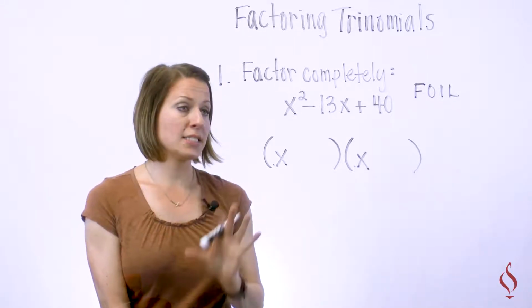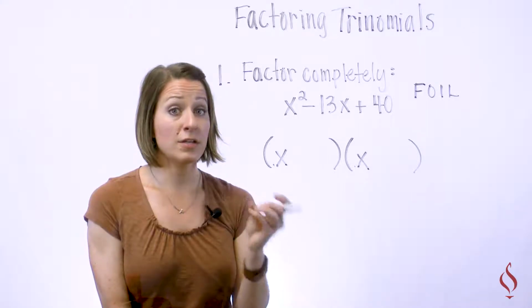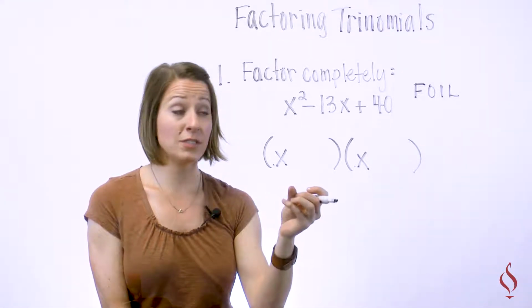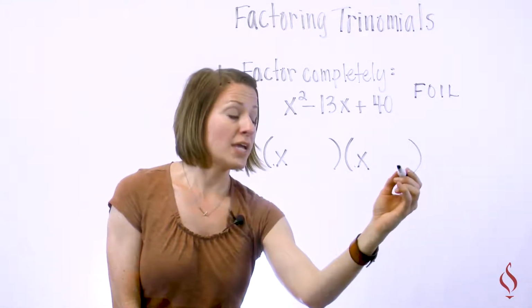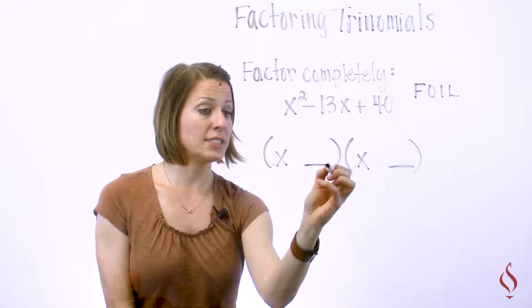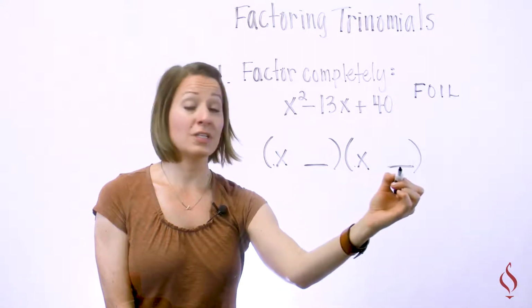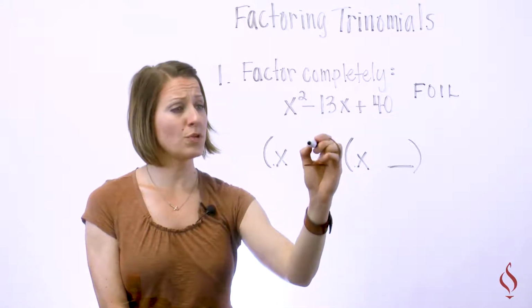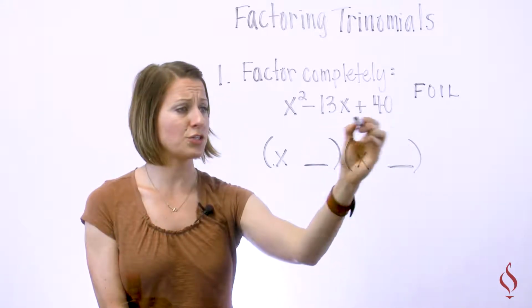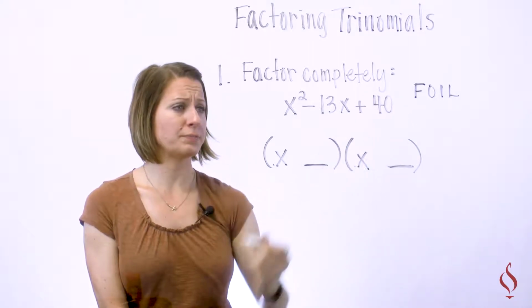Okay, so next, this is the part where you really are going to have to think about the numbers that are involved with this specific problem. We have two more blanks to fill in, one in each set of parentheses. These are both the last terms, and so when we multiply the last terms together, we get this positive 40.